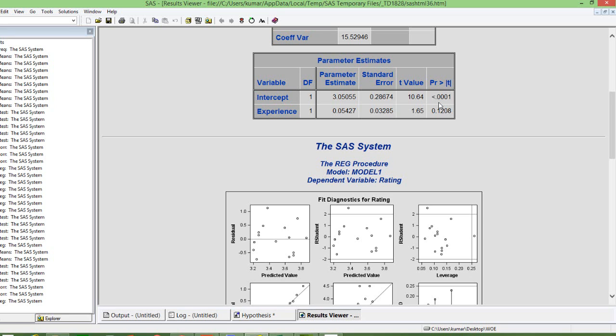That means we can conclude here that on the entire sample, when we do regression, we find that there is no causal relationship between the performance level and experience. That is, experience doesn't impact performance level, right?